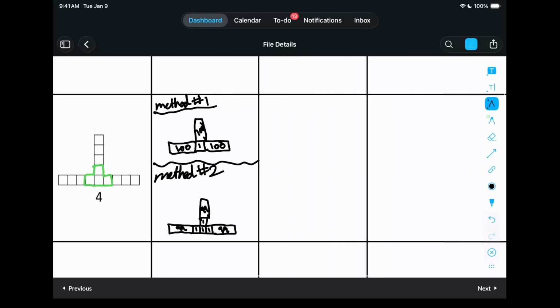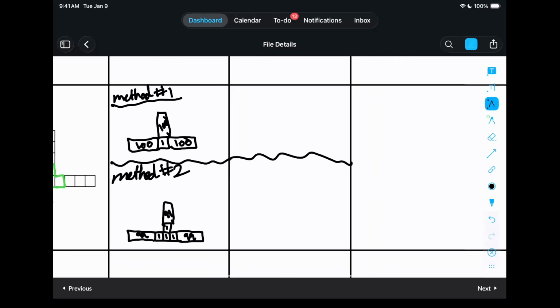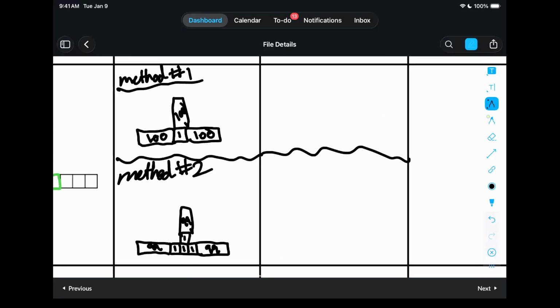So, continuing on with this, the nth figure for our top problem, so looking at the 100th figure for method 1, each branch in the 100th figure is 100.